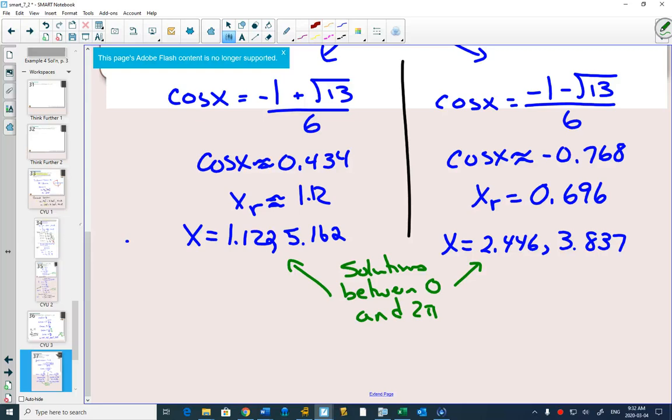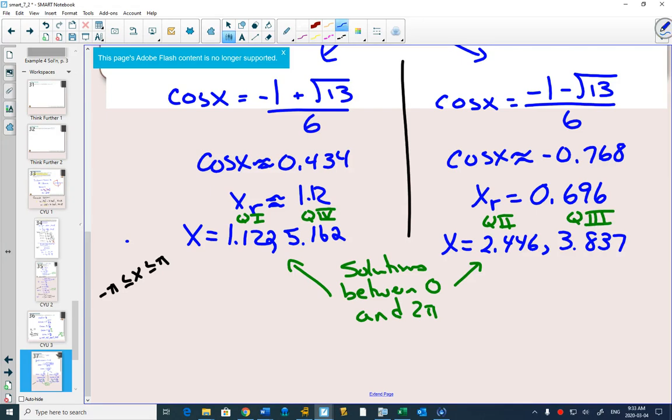So we do have to change our answers. So the domain was negative pi less than or equal to x less than or equal to pi. Just making some notes here. Here it was quadrant 1. Here it's quadrant 4. Here was quadrant 2. Here was quadrant 3.